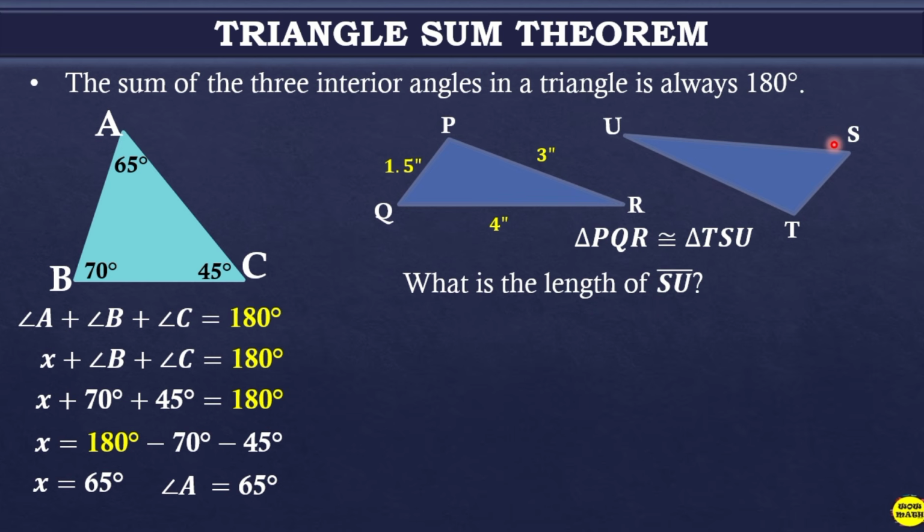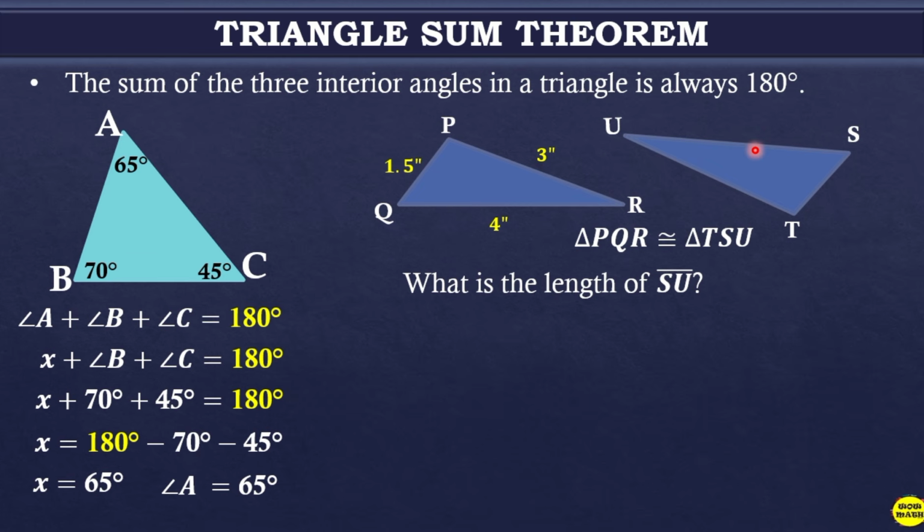Paano mo kukunin yung length ni segment SU? So, balikan mo to. Since these two triangles are congruent, tingnan mo ngayon dito sa name nila. Ito lagi. Ito ang ako pag tinuturo ko talaga to kahit face to face. Ito yung ginagawa kong guide. Okay? Ito yung lagi kong tinuturo.